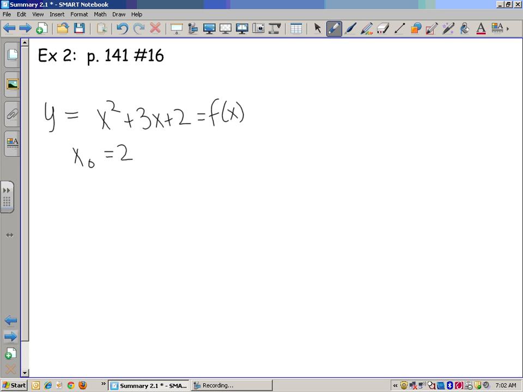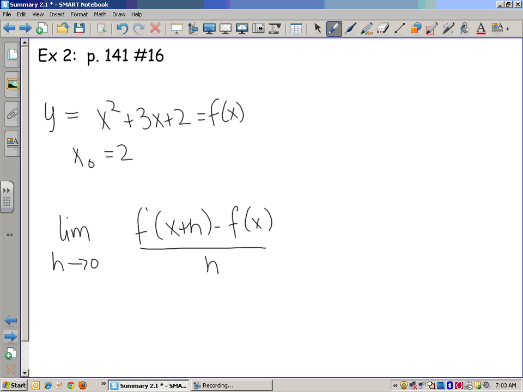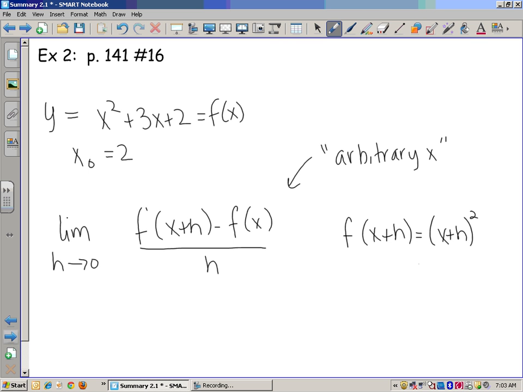And so what I want to do is say, okay, let's look at the limit as h goes to 0, because I need an equation. That's going to be f of x plus h minus f of x all over h. This is the one your book refers to when they start talking about an arbitrary x. So for f of x plus h, we're going to plug in that anywhere we see x.